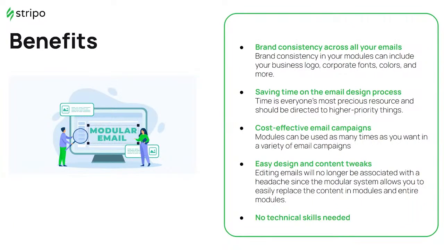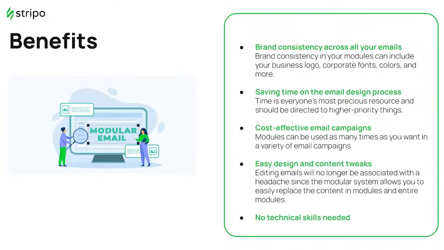So, benefits. First one, brand consistency across all your emails. Brand consistency in your models can include your business logo, corporate fonts, colors, and more. Next one, saving time on the email design process.